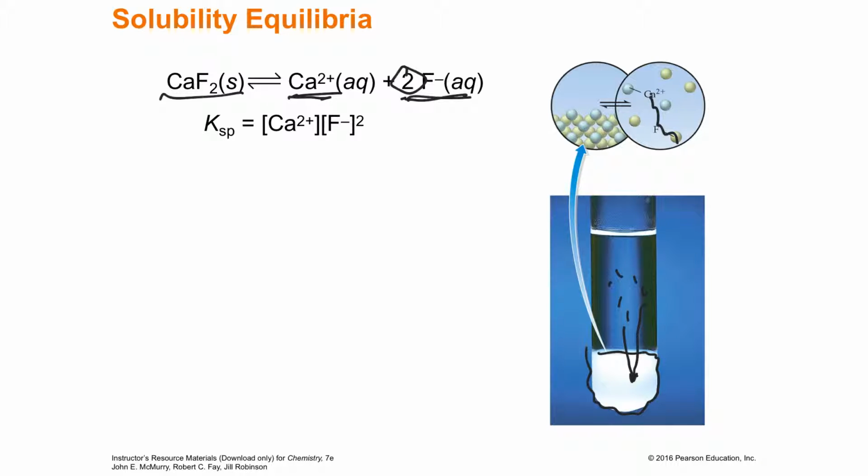This is an equilibrium constant, but we have a special name for it called the solubility product, because it's essentially the product of the concentrations of the ions that are in the solution. The K sub SP is like all Ks, all these Ks are equilibrium constants. So again, K sub SP is called the solubility product constant, or just the solubility product.